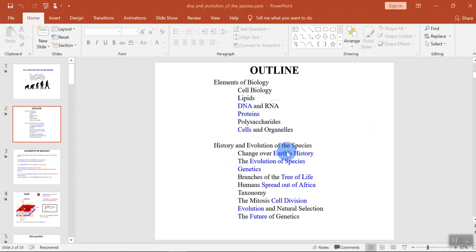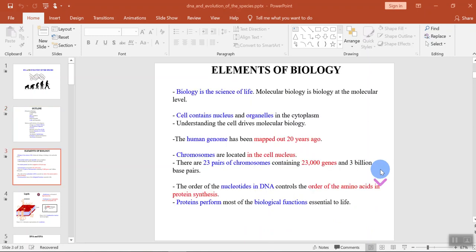The history and evolution of the species will go over change over Earth history, evolution of the species, genetics, the tree of life, spread of humans out of Africa, then cell division, both the mitosis and the meiosis, then evolution, natural selection, and future of genetics.